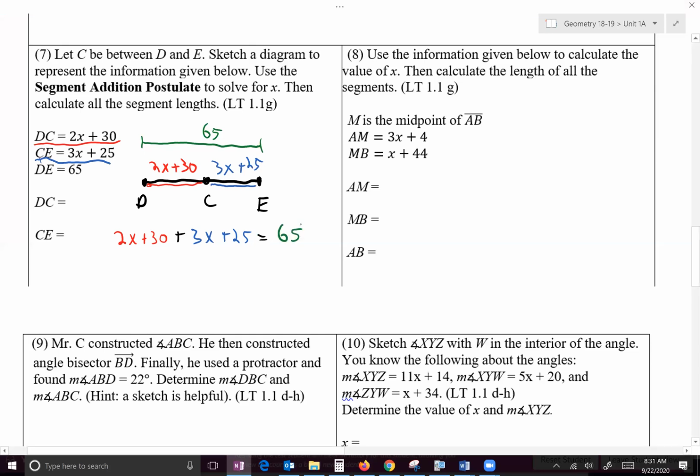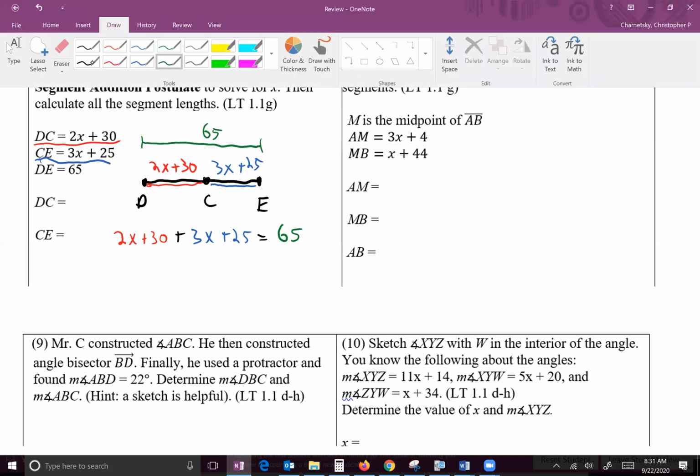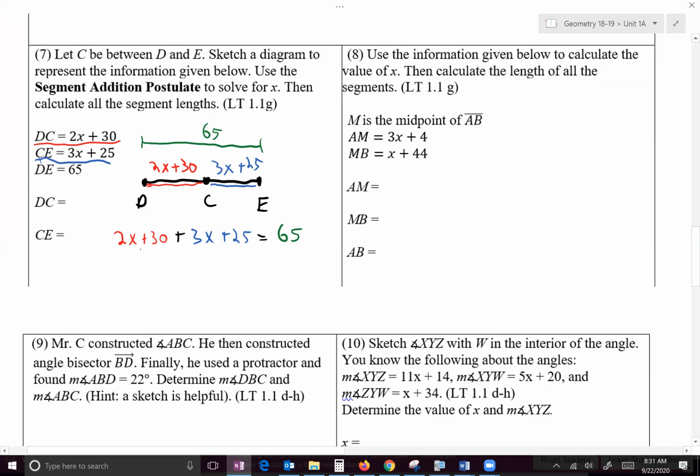All right. So now I got to collect like terms. Now, when I'm collecting like terms, one tiny little algebra mistake I saw: if we're collecting things on the same side of the equal sign, we don't have to do a plus or minus anything. We just go ahead and add the things together if they're on the same side of the equal sign.